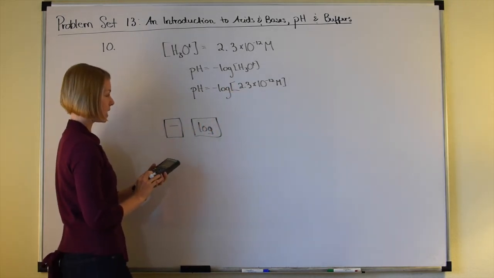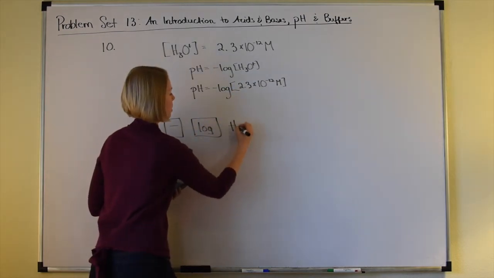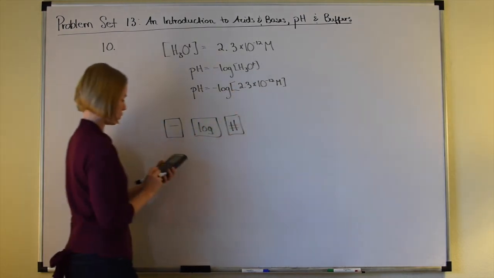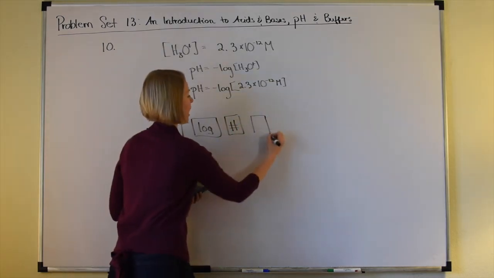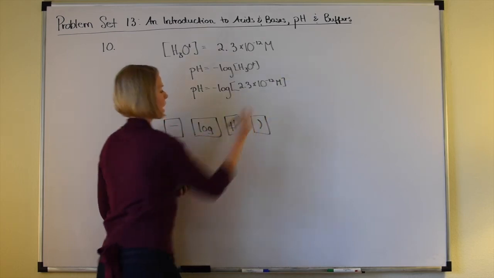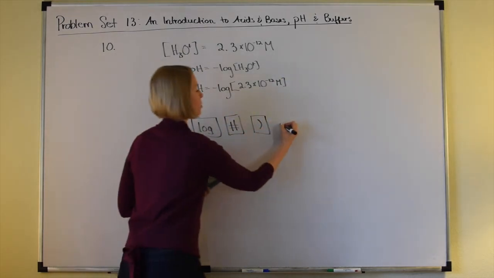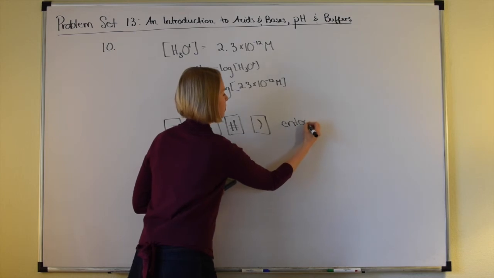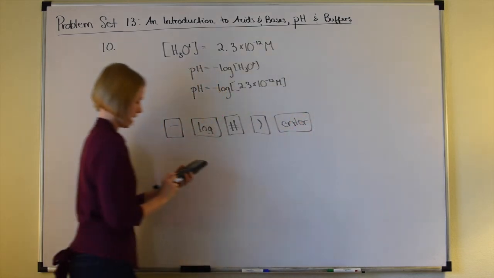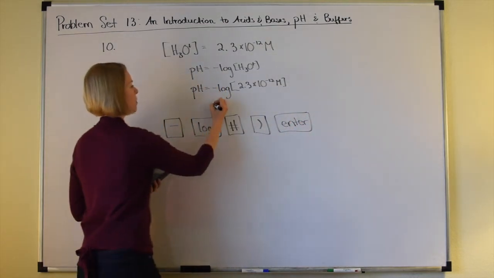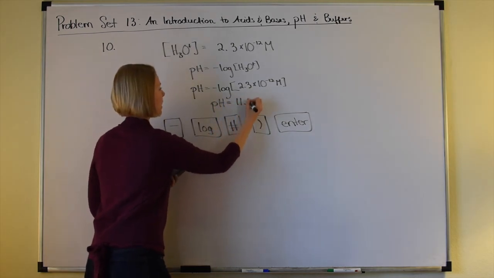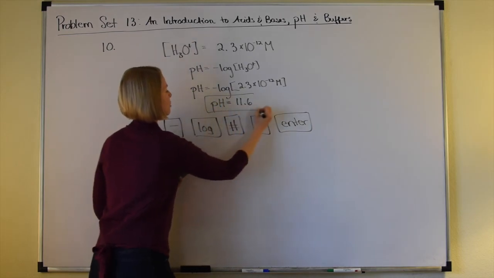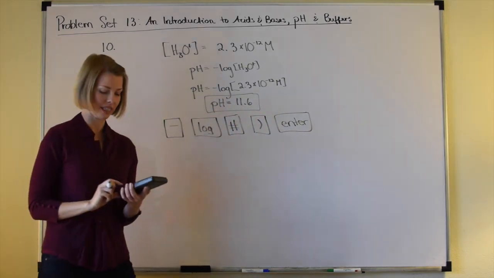And then you're going to type in the number. So 2.3 exponent negative 12. And then you're going to close your bracket. So tell it when you're done with that number. And then you're going to press enter. Okay. And I get for my pH 11.6. The pH of this solution is 11.6.